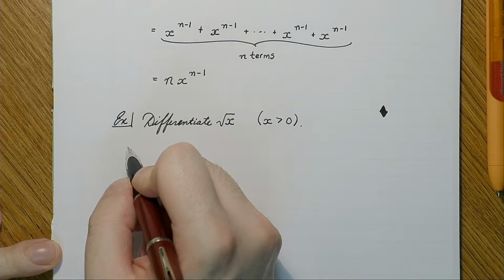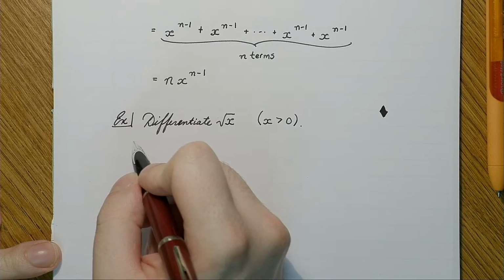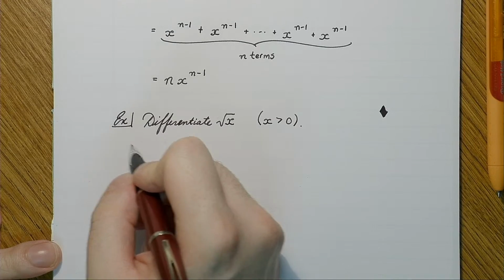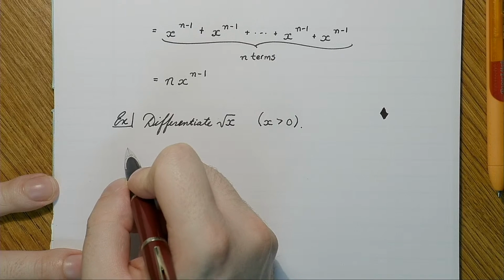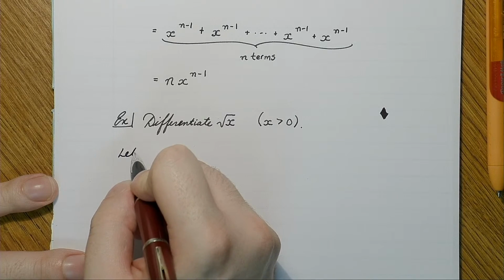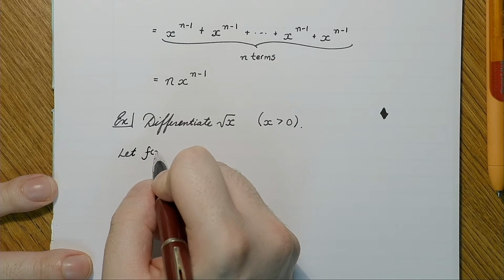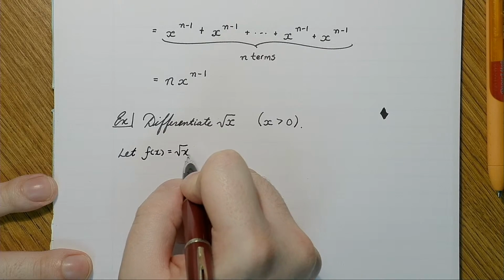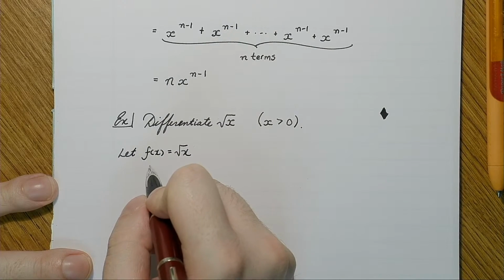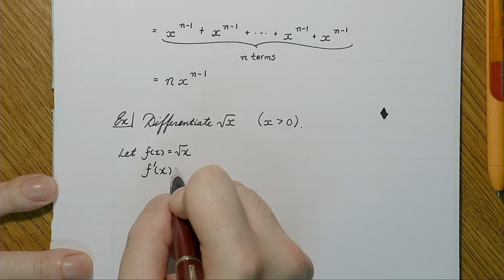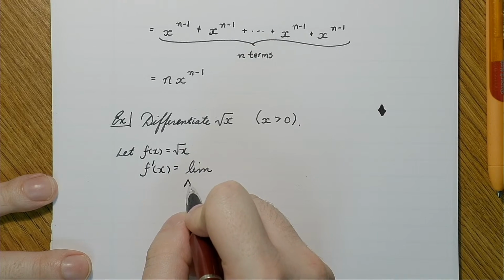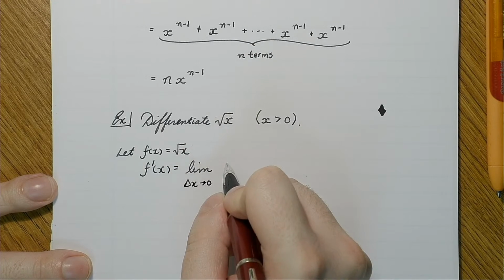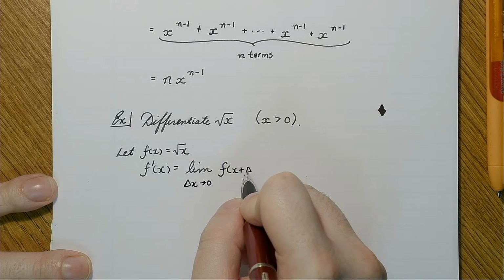Okay, well, we can do it using the definition of the derivative. So again, we let f of x equal square root of x. We can take the derivative, and I just write out the definition.